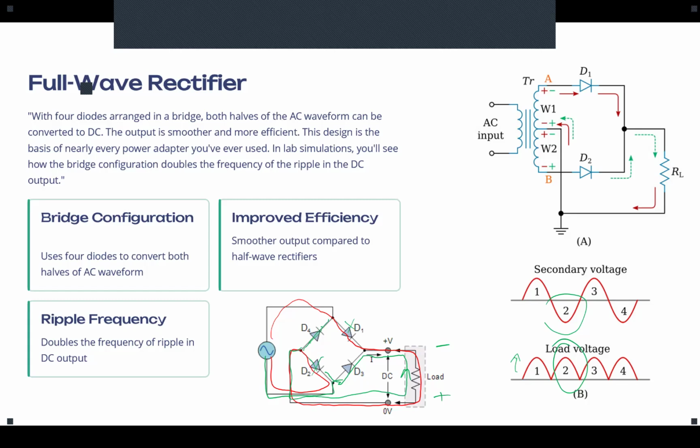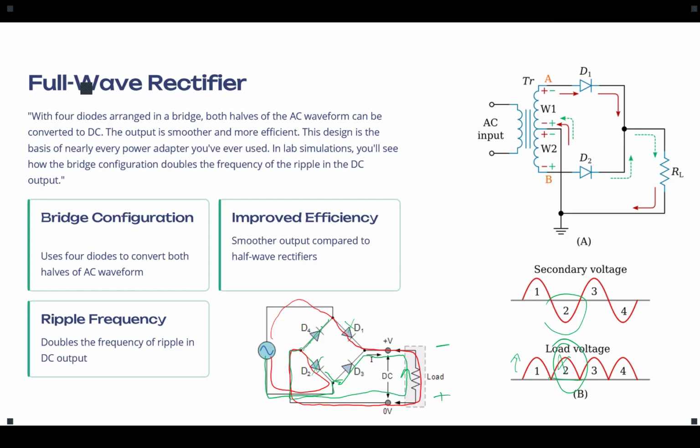It is also obvious because if we don't have this one, it's going to be 0, so the average would decrease. When we have the full wave, the average DC voltage that we get out of the same input AC is going to be increased. Is that clear? Any question?